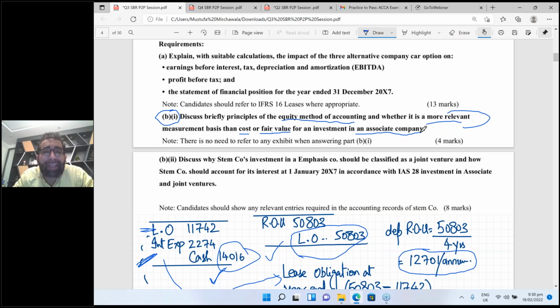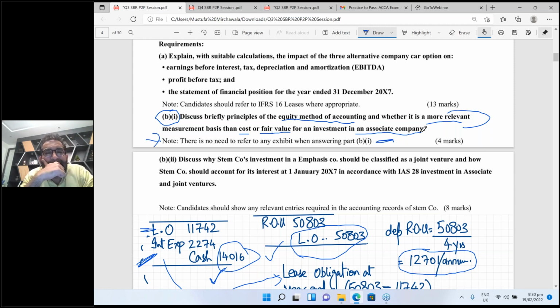So you just have to define briefly how we do equity accounting, then compare it with cost and fair value, just 4 marks. This is a general discussion, not linked to this question.